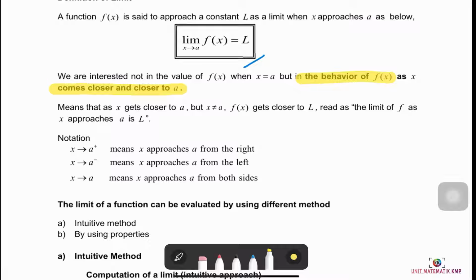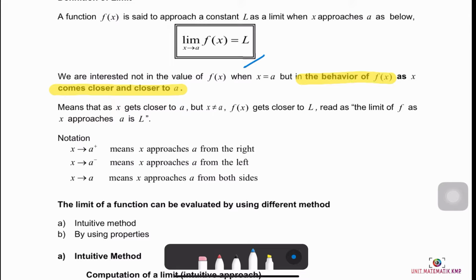It means that when x gets closer to a but x does not equal a, f(x) gets closer to L, read as limit of f as x approaches a is L.